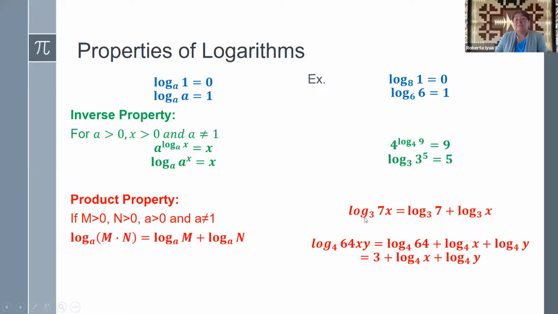One with log base 3 of 7x, and did the product property: log base 3 of 7 plus log base 3 of x. This example here is log base 4 of 64xy, which is equal to log base 4 of 64 plus log base 4 of x plus log base 4 of y.